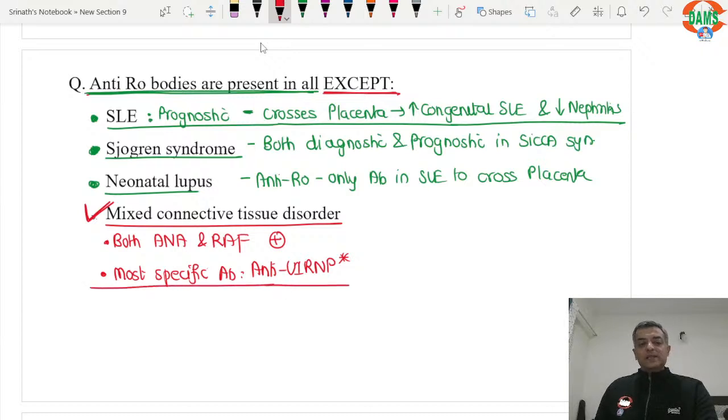Anti-U1-RNP is present in the patient with MCTD. Done? So antibodies and their role. Few are diagnostic, few are prognostic, and some are both. That is why we must know them.